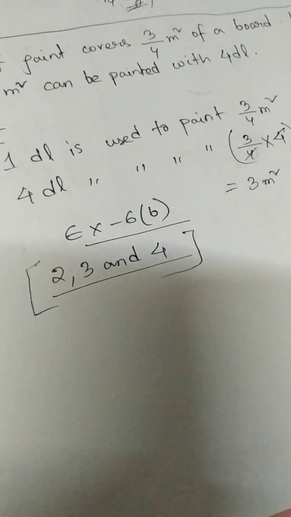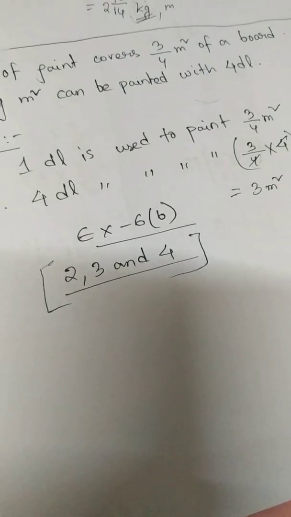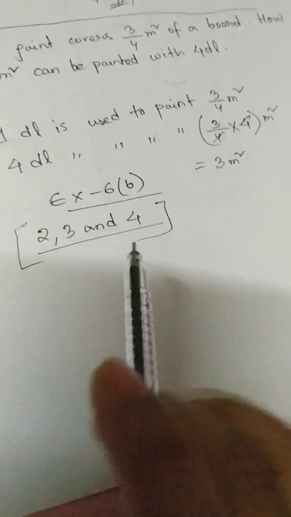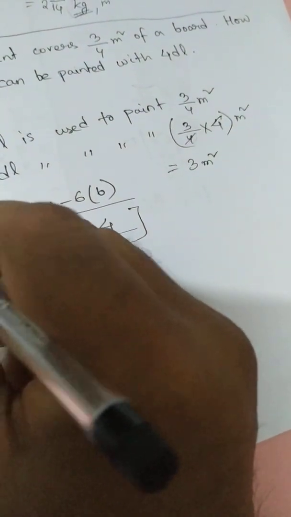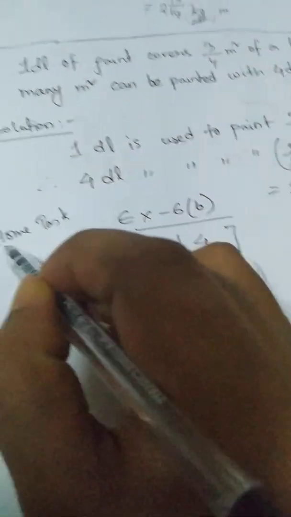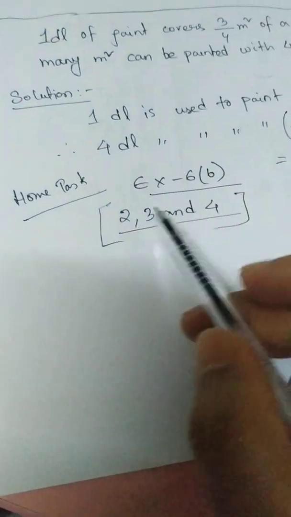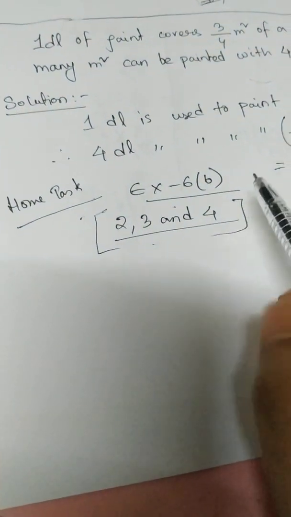These are related to multiplication. Exercise 6b, 2, 3 and 4, and this is home task.